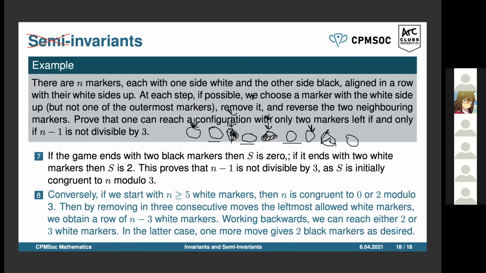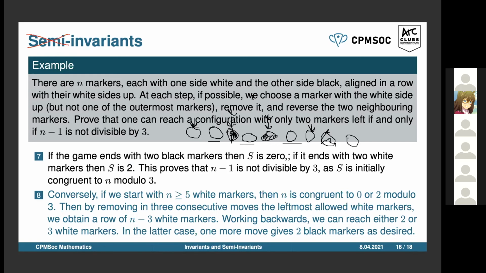So if we look at the end case where we have 2 markers left, sorry, if we start with this configuration of n greater than 5 white markers, and we take away 3 each time, we know that n is 0 or 2 mod 3, and we're taking away 3 each time.